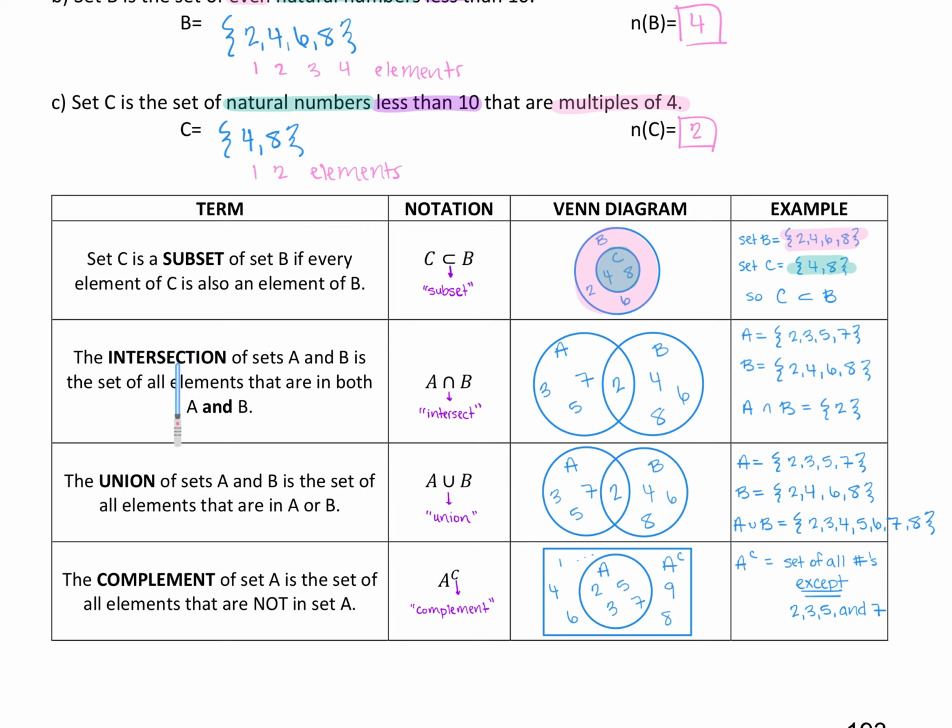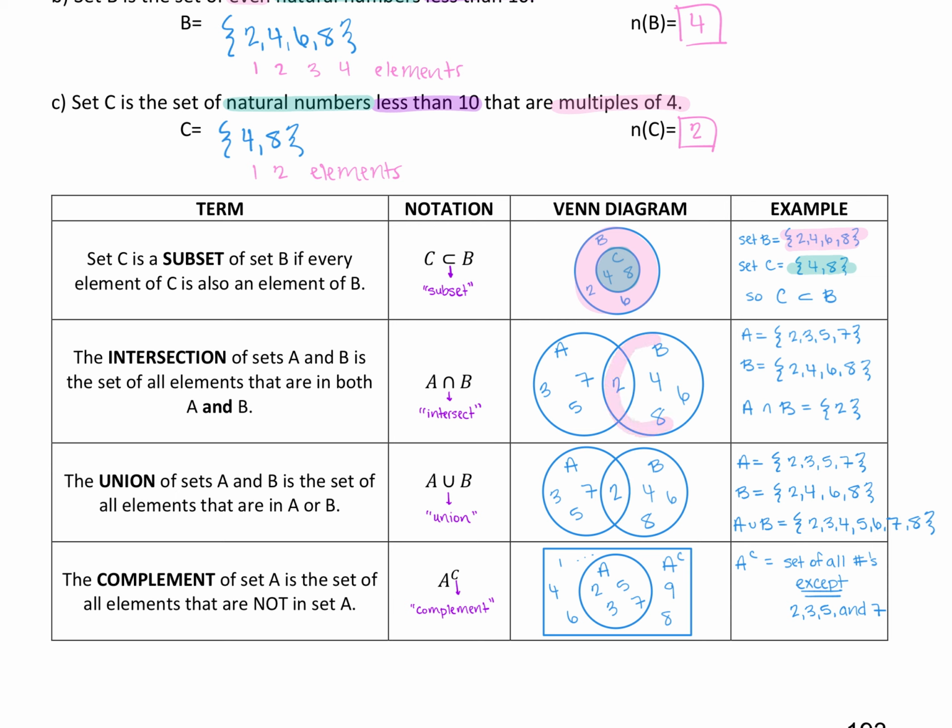The intersection is written like this. We would say A intersects B. And if A is the set 2, 3, 5, 7, we're talking about this circle here. Notice this circle contains 2, 3, 5, and 7. And then B is 2, 4, 6, 8. So it's this circle here.